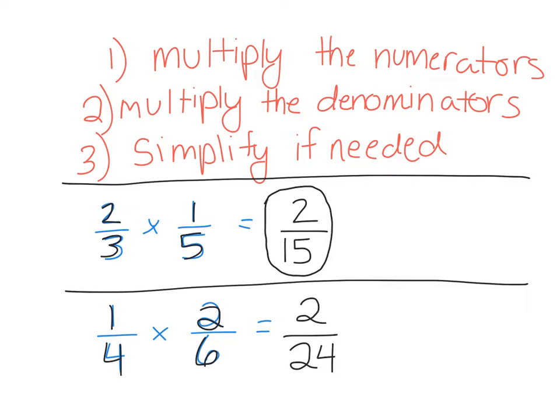But that answer is not in simplest form, so I'm going to need to simplify here. So I can divide 2 and 24 by 2. So 2 divided by 2 is 1, and 24 divided by 2 is 12. And so I've got my final answer here, 1/12.